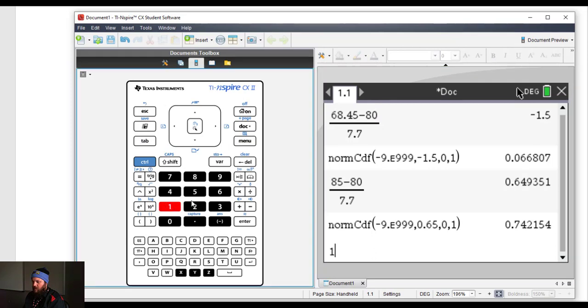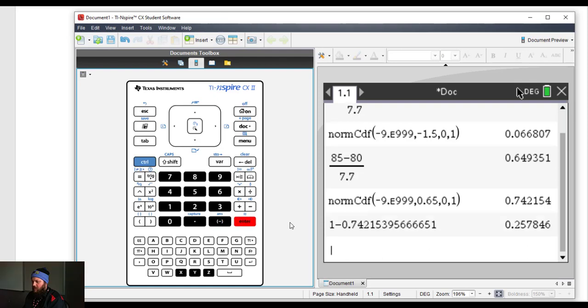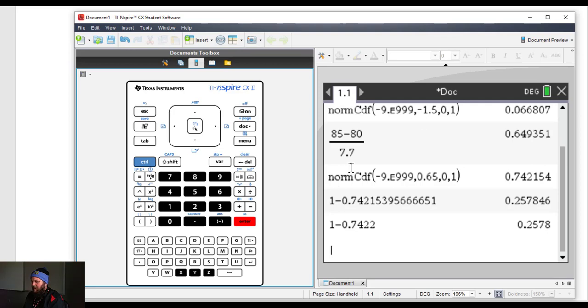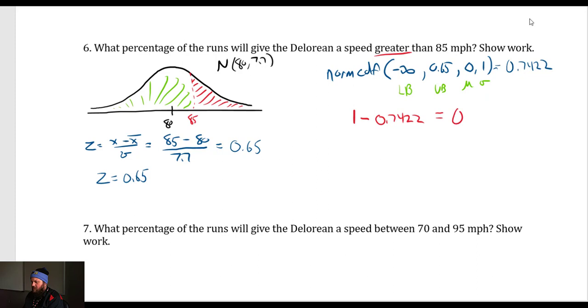So to find this, we're taking 1 minus 0.7422. Let me do it to make sure I'm using the answers we got. 1 minus 0.7422 gives 0.2578, which is equivalent to 25.78%.